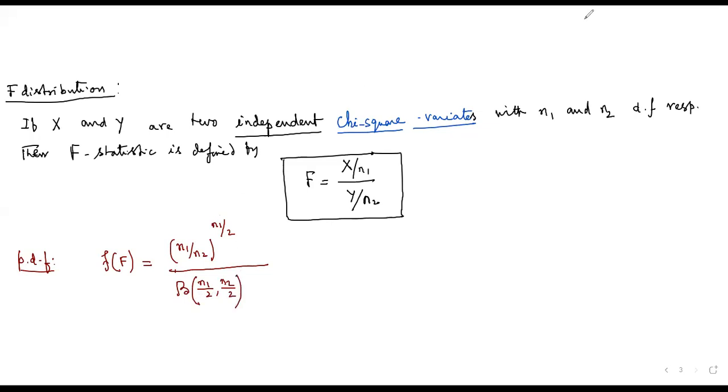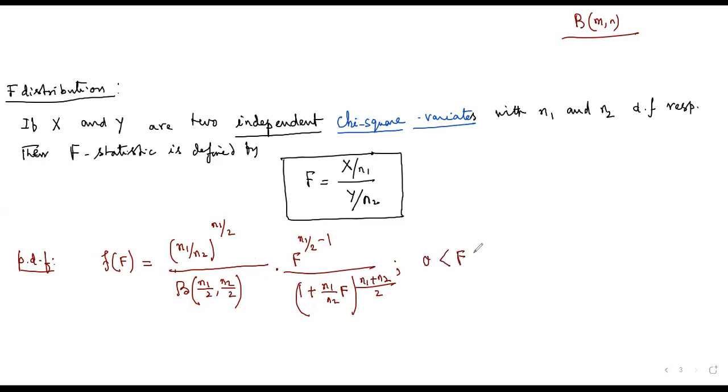You probably remember the beta function, beta m n. This function has been used over here, and we get f to the power n1 by 2 minus 1 by 1 plus n1 by n2 f whole thing to the power n1 plus n2 by 2, where the variable f will lie between 0 and infinity. It's a real number. So it's a too complicated expression.